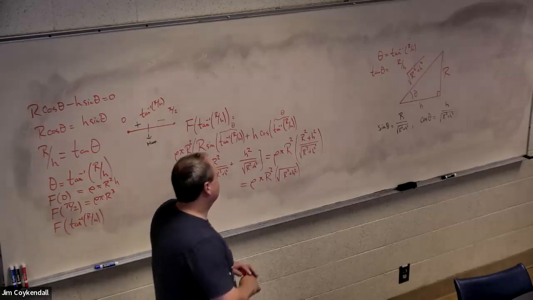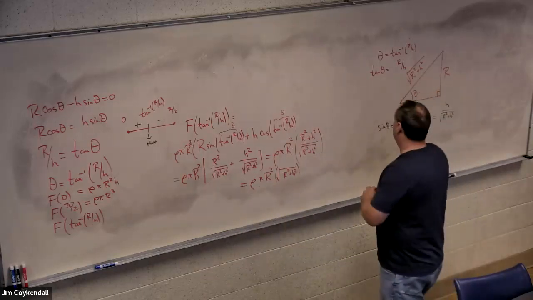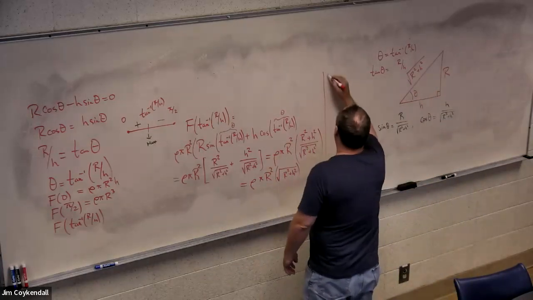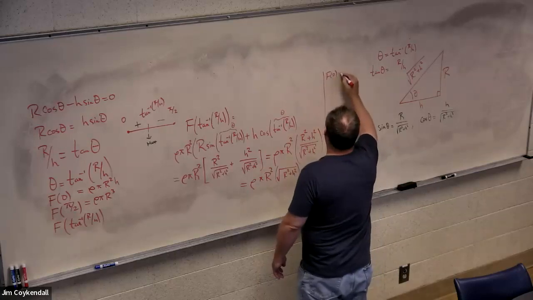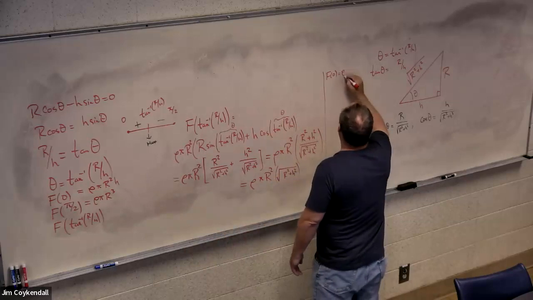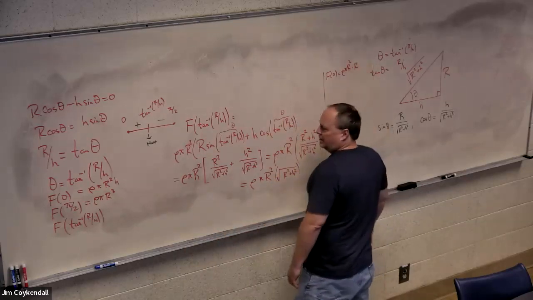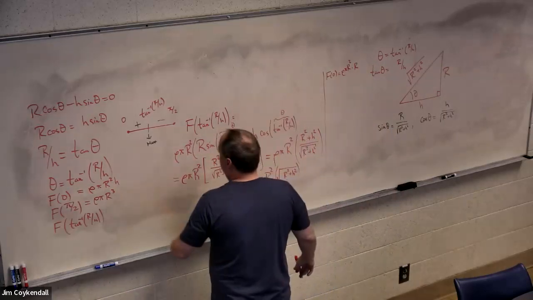Now let's review. What we have is f of 0 is equal to rho pi r squared h.